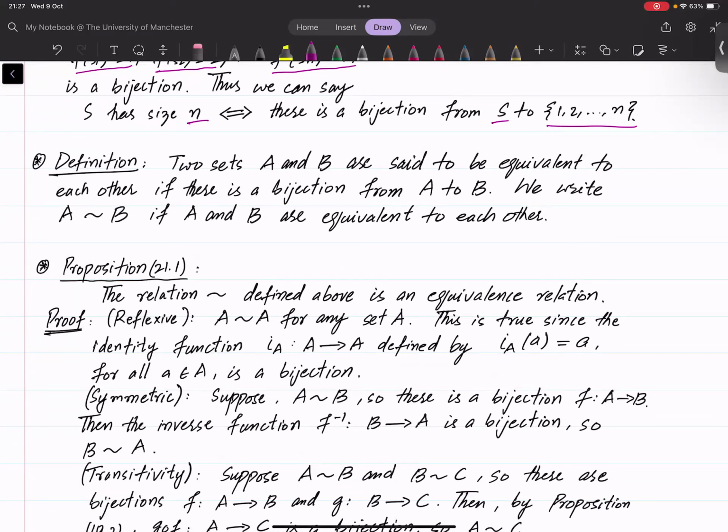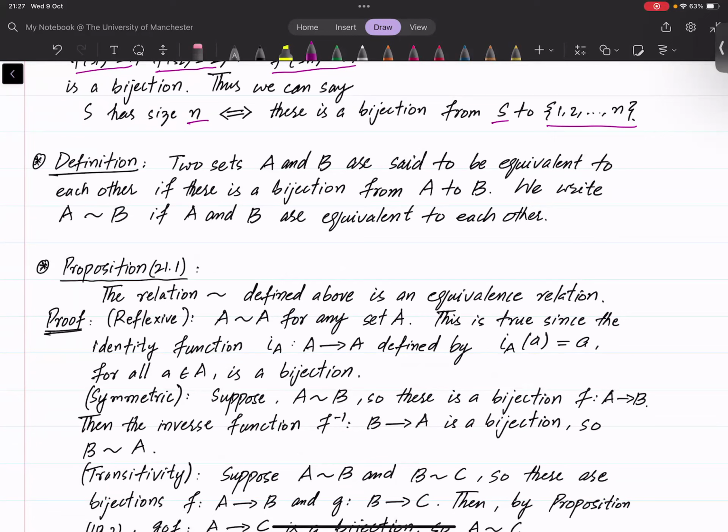We can prove that the relation we have just defined above is an equivalence relation. To prove that, we need to show that this relation is reflexive, symmetric, and transitive.